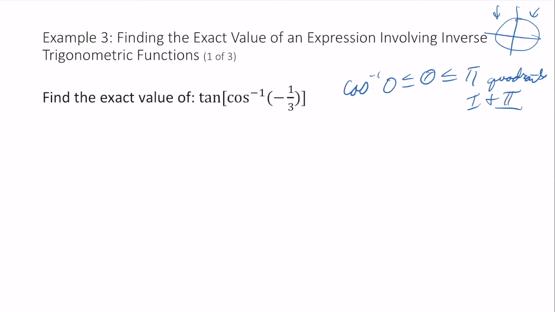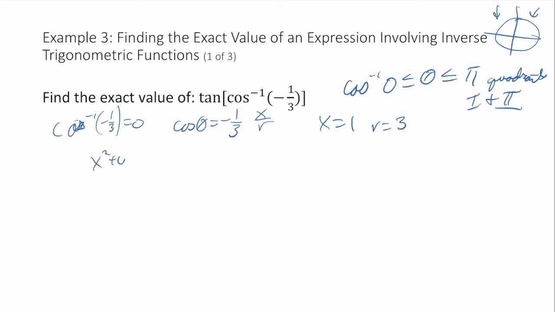So arc cosine of negative 1/3 is theta. So cosine of theta is negative 1/3, right? Remember that cosine of theta, because we don't know the circle's radius, is x over r. So I have x is 1 and r is 3. So x squared plus y squared equals r squared. So 1 squared plus y squared equals 3 squared. 1 plus y squared is 9.